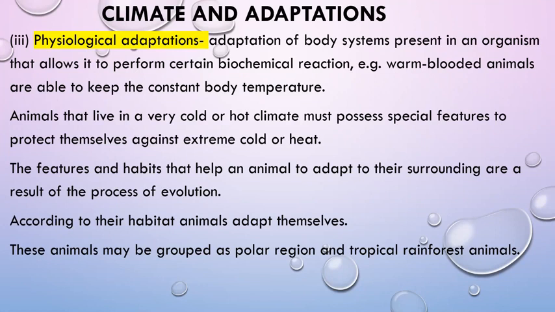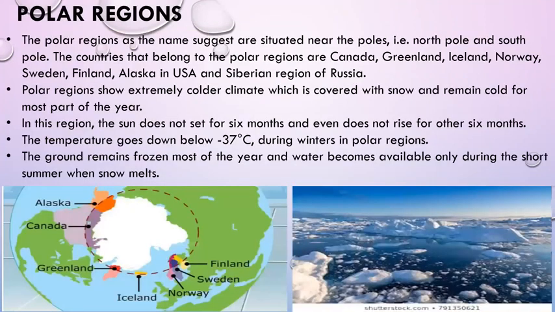According to their habitat, animals adapt themselves. These animals may be grouped as polar region or may be grouped as tropical rainforest animals. The adaptations are based on the climatic conditions.